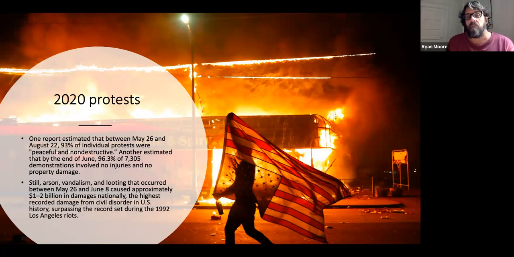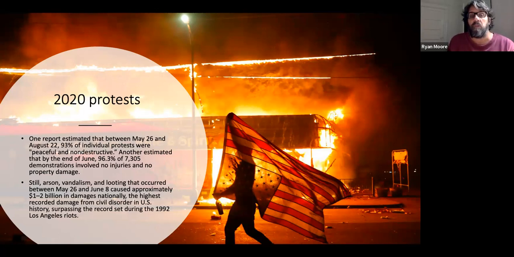Those findings show that the vast majority of these protests were peaceful and non-destructive, nobody got hurt, there was no property damage. But in a minority of cases, there was significant arson, vandalism, and looting.